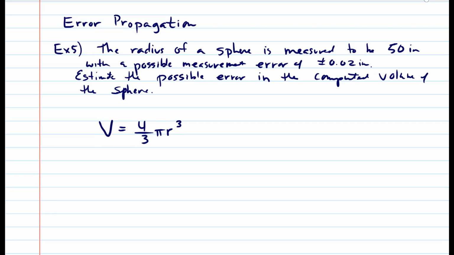We're going to say dV/dr, because we're taking the derivative with respect to the radius here. So the 3 comes in as a multiplier, we have pi r squared, and eventually we got ourselves 4 pi r squared as dV/dr.